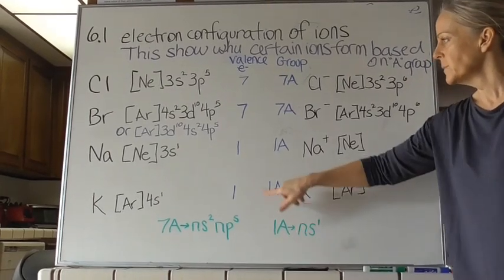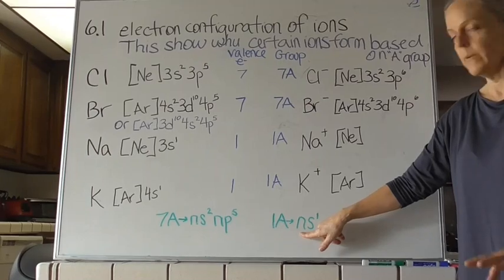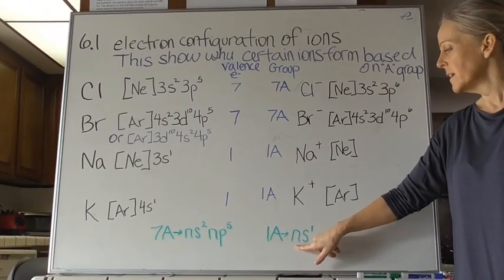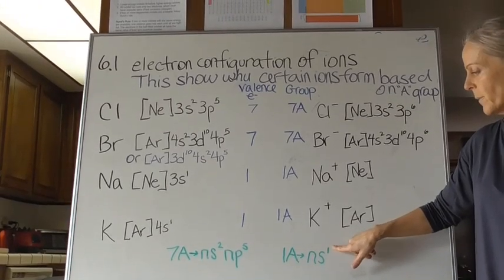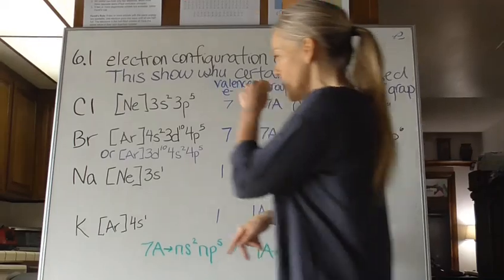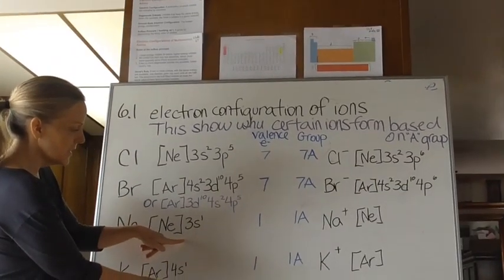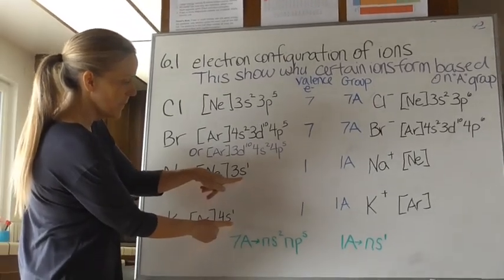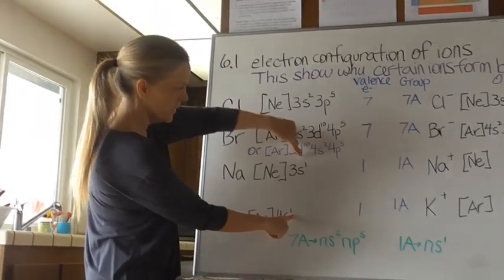Then the 1A's, it's even more obvious. For the 1A's, which both of these are, they're going to have n, whatever that n value is, and then they're all going to have 1 valence electron, or 1 electron in the S. So both of these have different n's, but they're in the same subshell S with 1 electron in them.